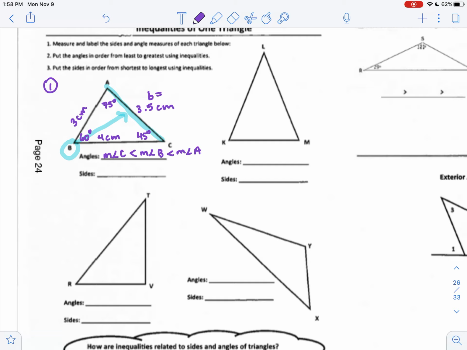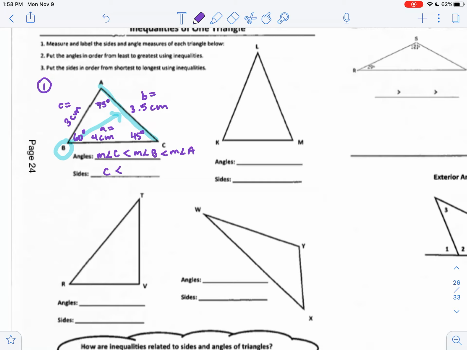The side length across from big A is little a, and the side length across from big C is little c. So using those as the labels of the sides, putting it from least to greatest, we would say C is the smallest, followed by B, which measures 3.5, and the longest side would be side A.